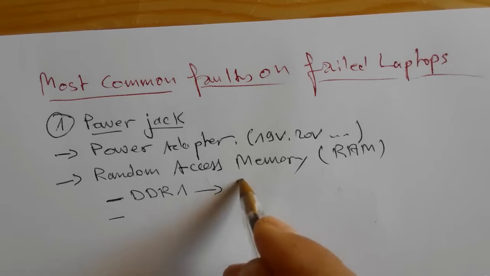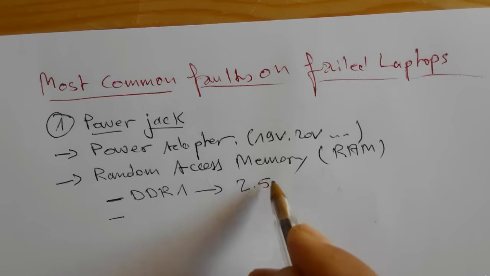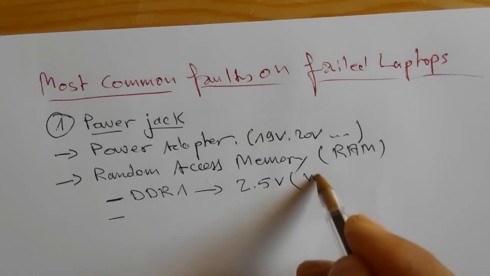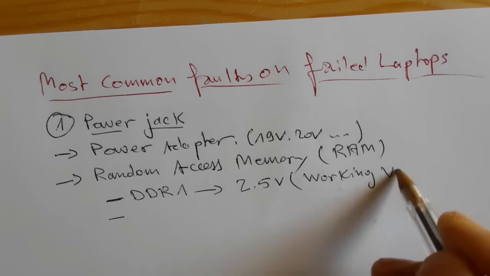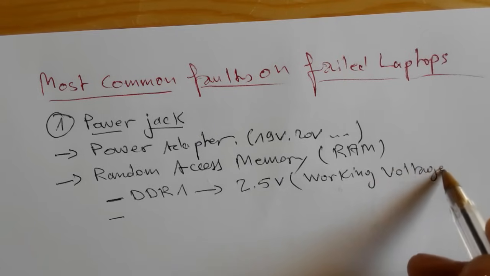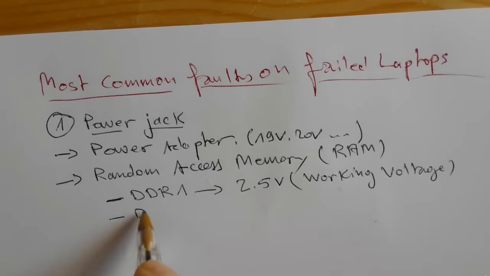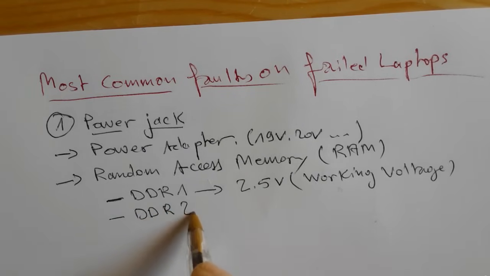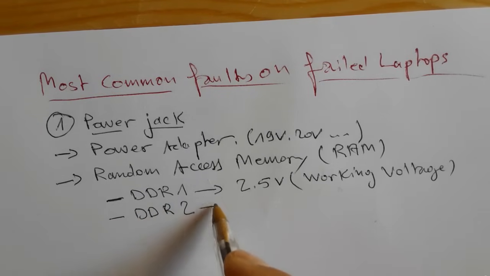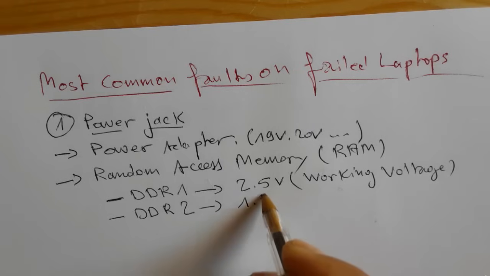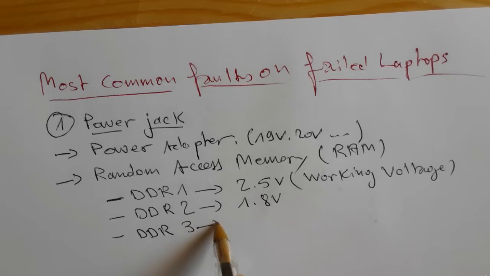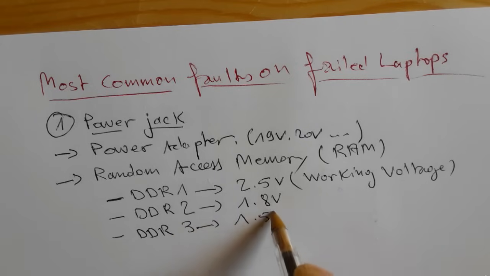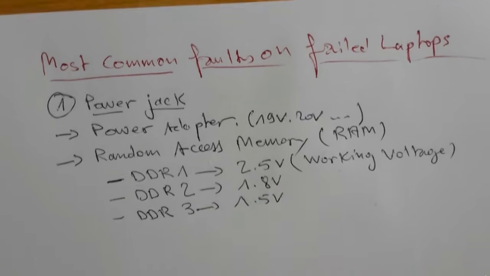Okay, so of course there are many types of memories. DDR1, with a working voltage of 2.5 volt, as we have seen before in the previous lecture. We have also the DDR2, with a working voltage of 1.8 volts, and then DDR3, with a working voltage of 1.5 volts.